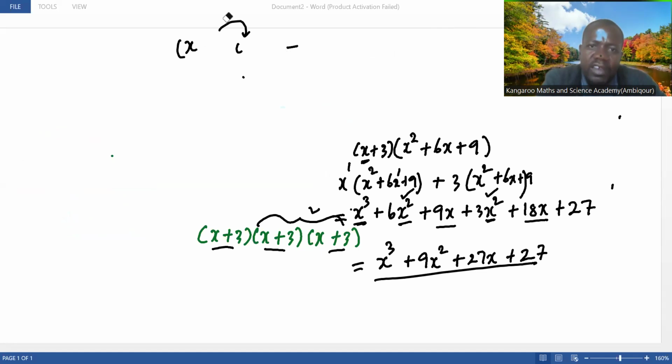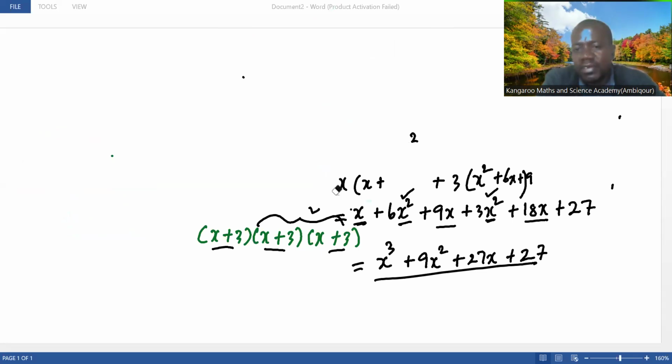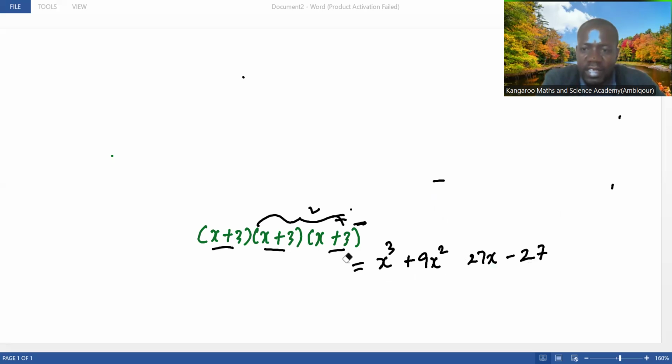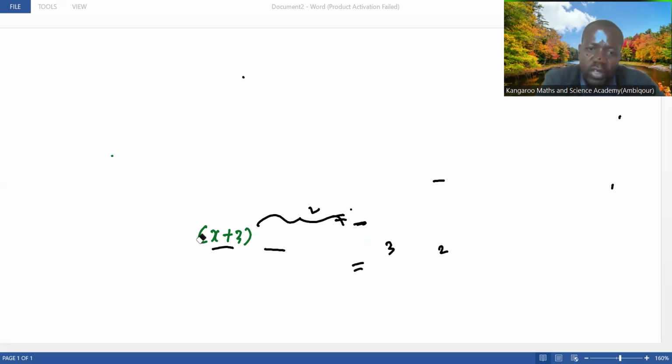And if you feel like you're still battling with this, I strongly encourage you to visit the grade 10 textbook. It's very important, especially the classroom maths. If you can just get the grade 10 classroom maths, it has a lot of examples, because you find that Elena is struggling with factorization.